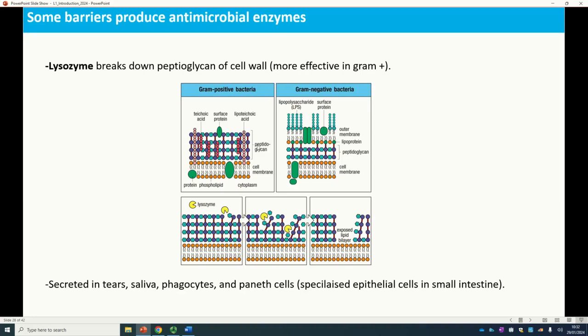So the gram-positive have this exposed peptidoglycan layer. And we have lysozyme as this little yellow Pac-Man. And what happens is the lysozyme will come in and it will break down and digest away the peptidoglycan, and that will expose the lipid bilayer and therefore make the pathogen vulnerable. So that plays a key role there, and that's secreted in saliva and tears as well.